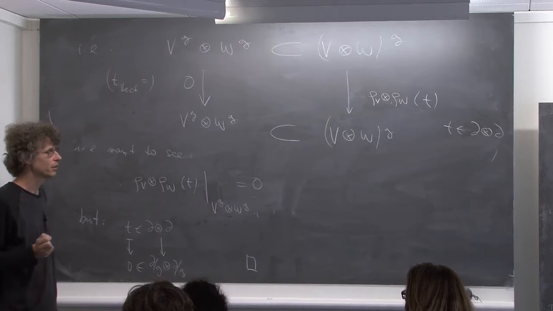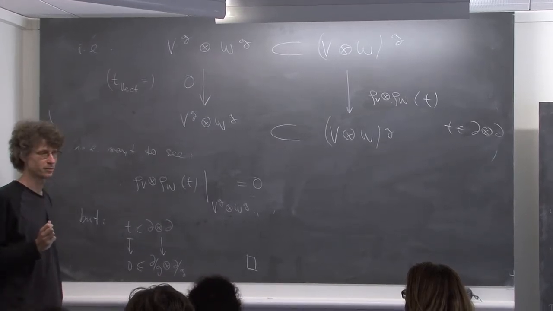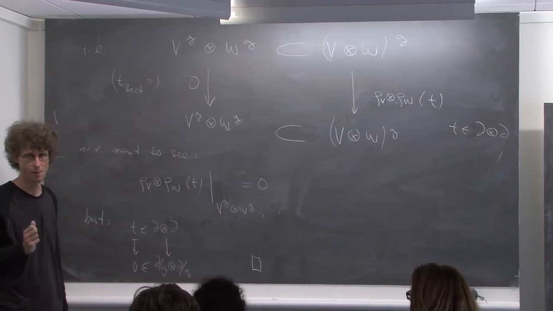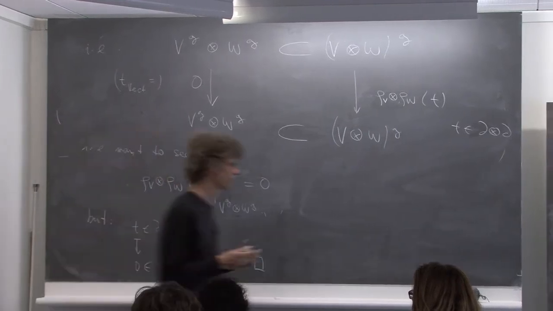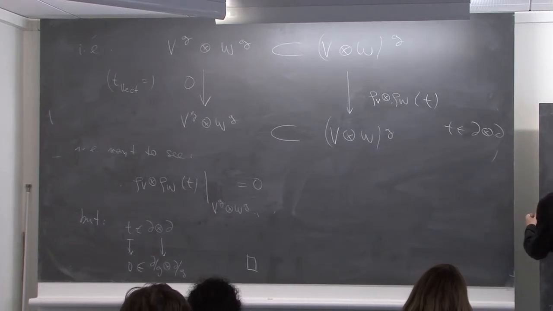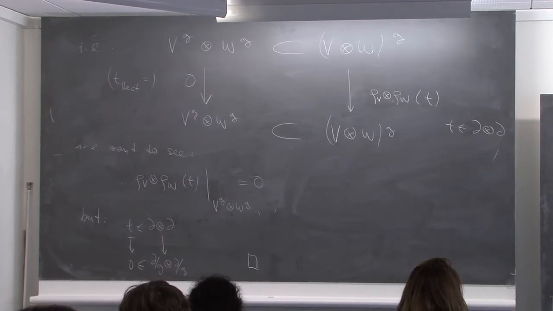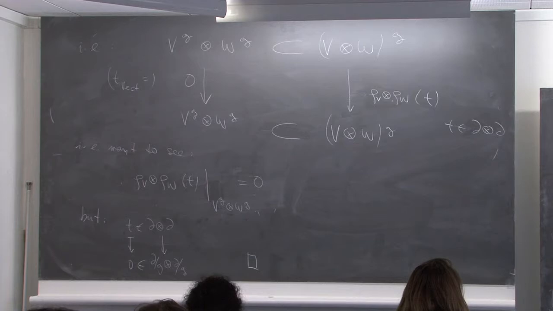Cool. So now we found some infinitesimally braided monoidal functor going to vector spaces.